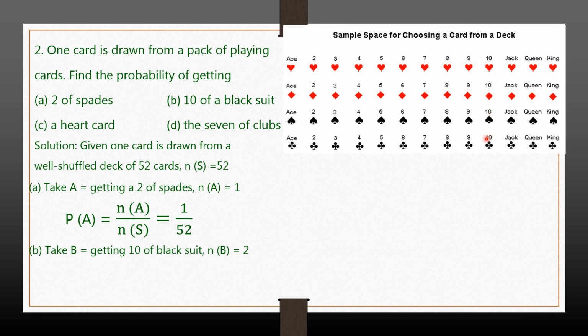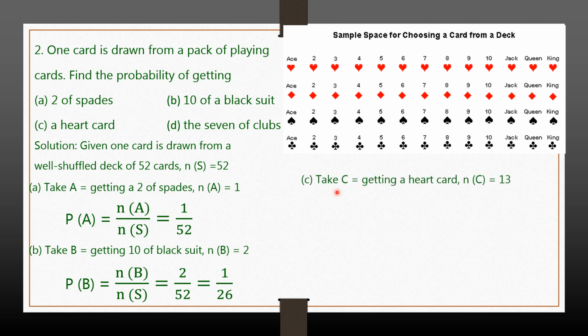That's why the number of cards favorable to B are only 2, because we have 2 tens of black suits. So n of B is equal to 2. From this, P of B is n of B by n of S, that is 2 by 52. You will get 1 by 26.